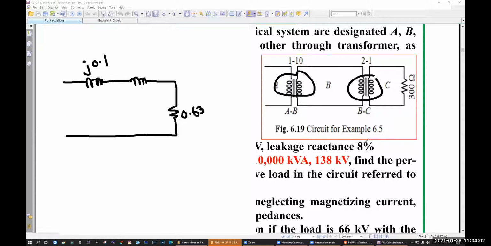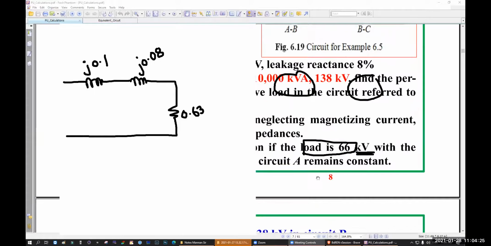What is the reactance of this one? 8%, right? Percent means point, so 0.08. Why j? Can anyone tell me why I have given j? Sir, inductor. Reactance, exactly. That's why.